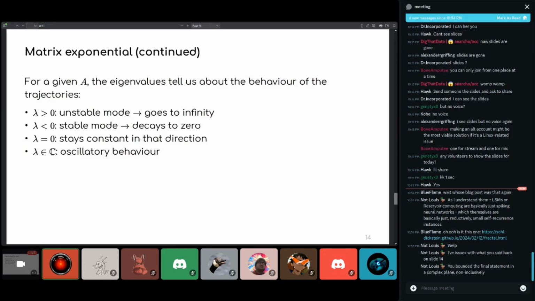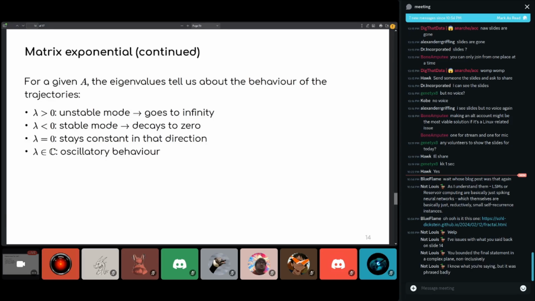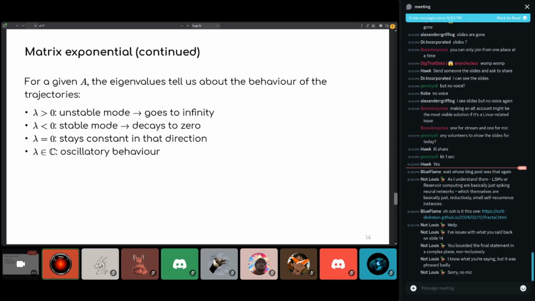The way I had planned to do this is to have an interactive illustration showing basically what happens. I sadly cannot do that, but maybe I'll post the code for that. But yeah, I'm still not sure exactly what you meant. Yeah, I agree that I might have phrased that not so great.